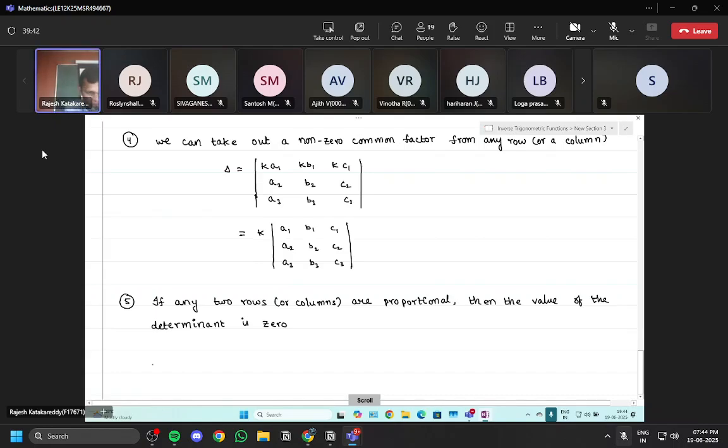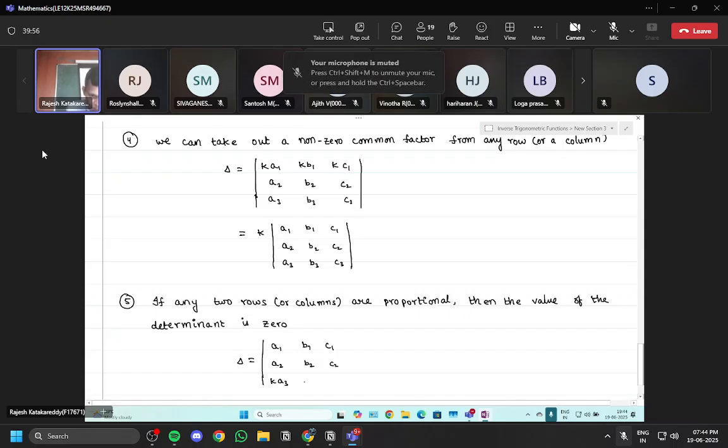So what this says, let's say delta is equal to A1, B1, C1, A2, B2, C2, K into A2, K into B2, K into C2.